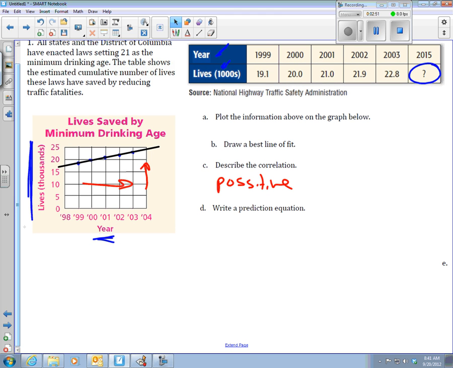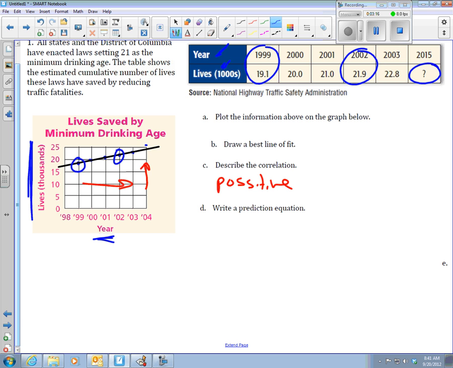Well, I can pick any one of these points, so I guess I'll just go with the first one, this point right here. It's on the line. And we'll go with this one, 2002, 21.9, doesn't matter. And it doesn't even have to be a point on the line or from the data.